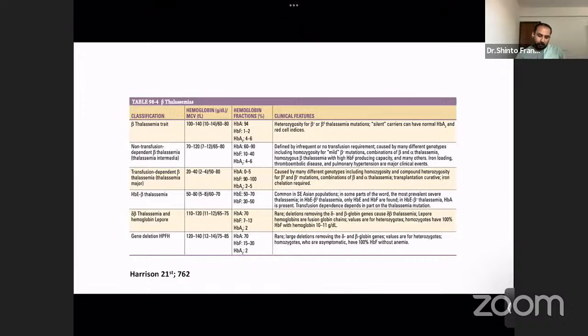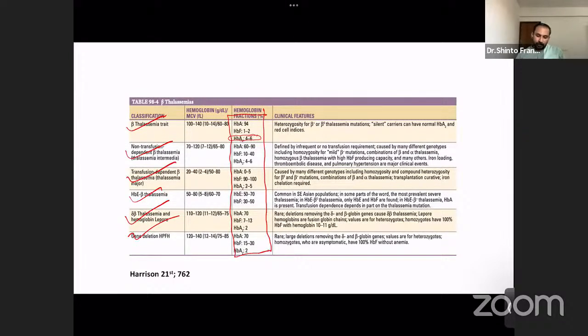Again, the HbA fraction. Here we can have an overview of beta thalassemia trait, thalassemia intermedia, thalassemia major, HbE beta thalassemia, gamma delta beta thalassemia, HbLepore, gene deletion, and hereditary persistence of fetal hemoglobin. What we have in beta thalassemia trait is HbA2 more than 3.5, or 4 to 6.